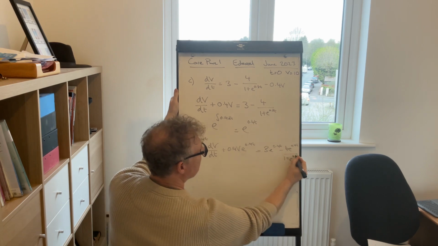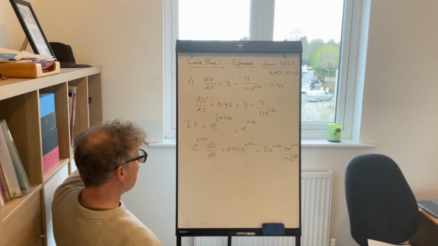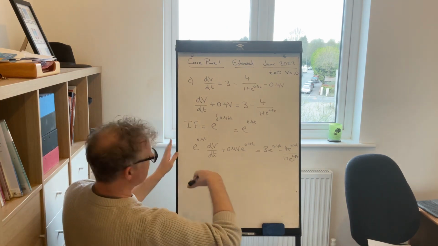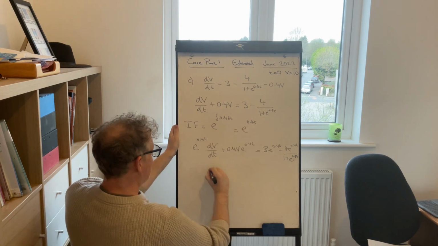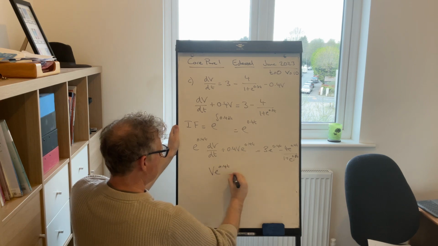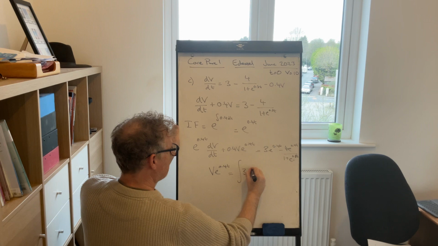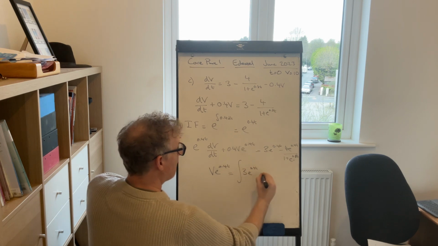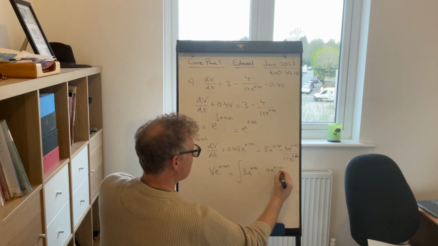Hopefully you can follow all this, my really poor writing, but never mind. Okay? So this side, don't bother thinking about it, it's literally v times the integrating factor. This side, we're integrating all of this with respect to t. And this is where our part B is going to come in.